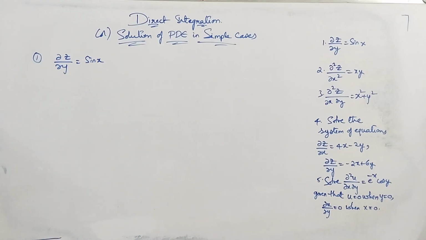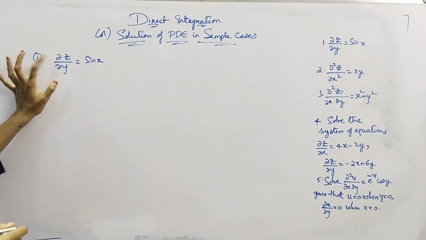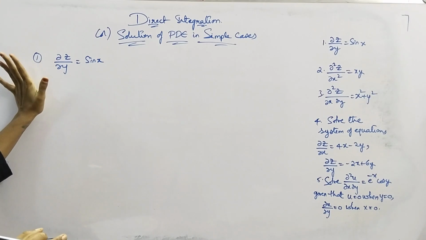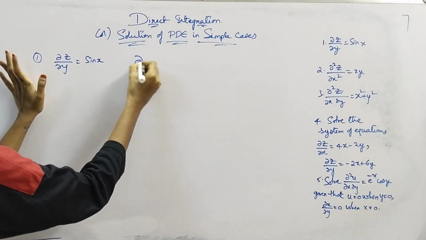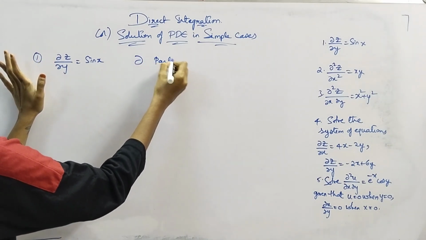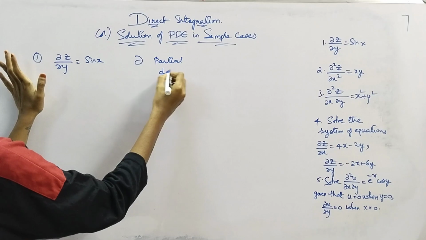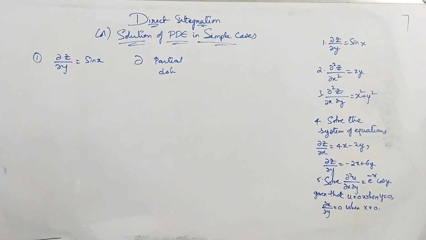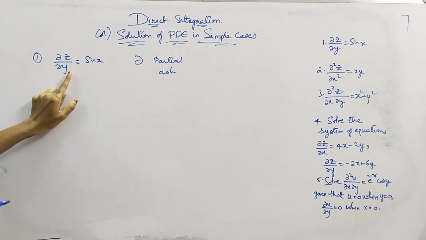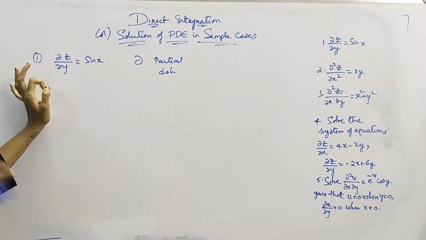So, the first problem: we are asked to solve ∂z/∂y = sin x, which is a partial differential equation. Dou is nothing but the partial symbol. Whenever we use partial differential equations, if we find the derivative with respect to y, we'll treat x as constant.